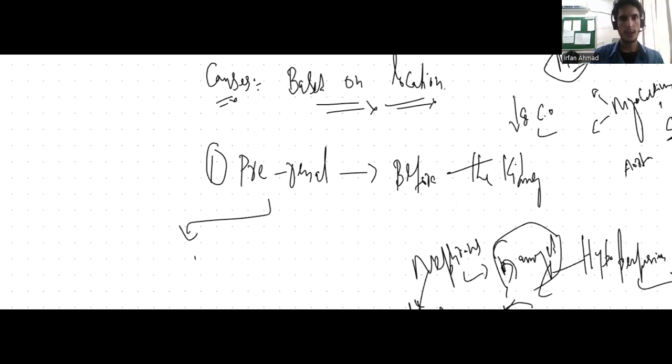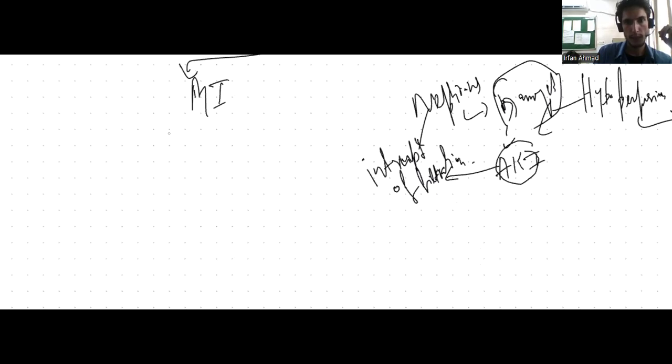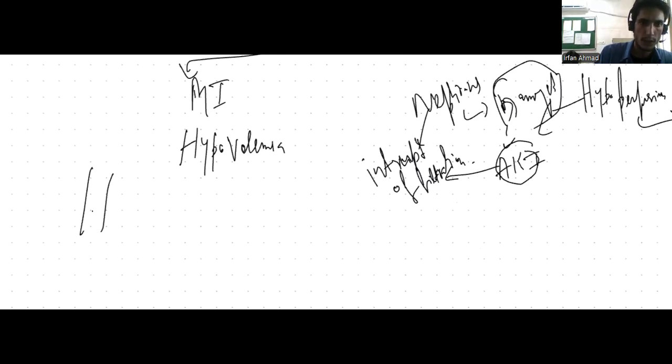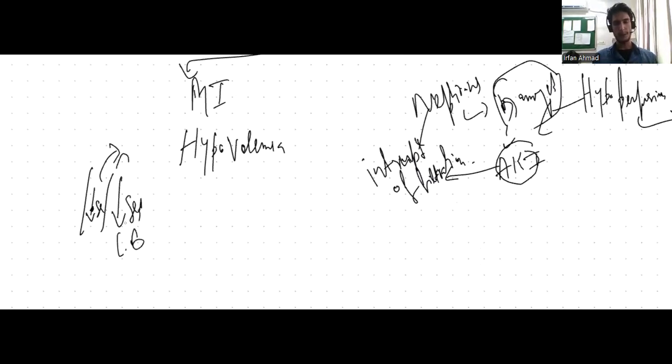Second one, hypovolemia in the body. What does hypovolemia mean? Blood vessels have less blood. So in the heart there will be less blood, so decreased cardiac output, and the left ventricle will have decreased blood.